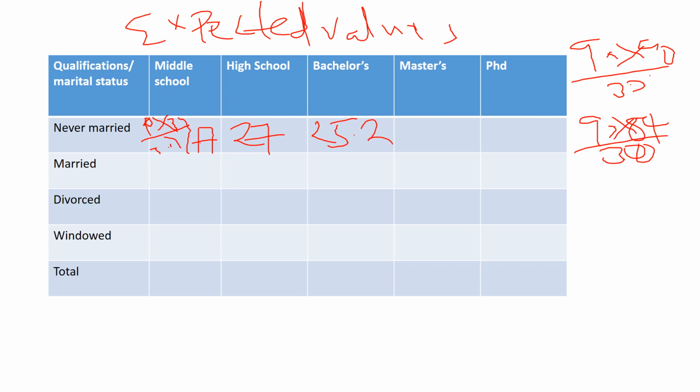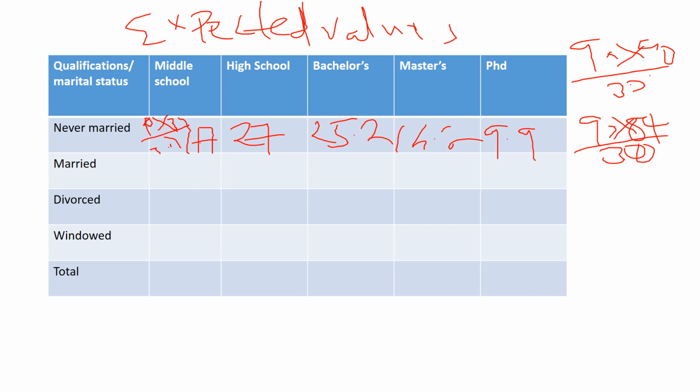So to save time, I'm going to fill in what I have calculated for the others. Here my expected value becomes 16.2, and here my expected value becomes 9.9.